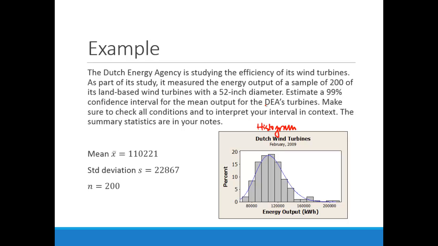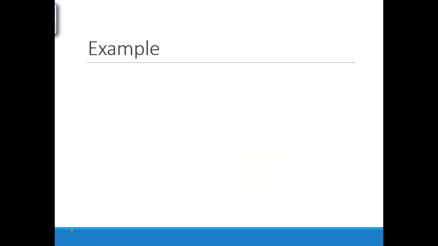What we know is that the sample mean from those 200 numbers is 110,221. The standard deviation is 22,867. It gives you a number of other numerical summaries as well, and our sample size is 200. Okay, so let's look at calculating this confidence interval.